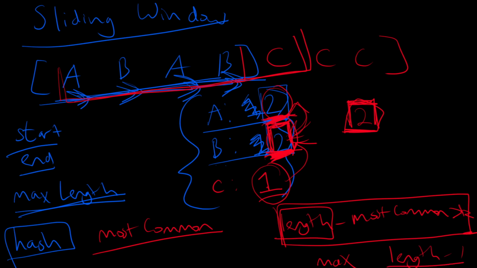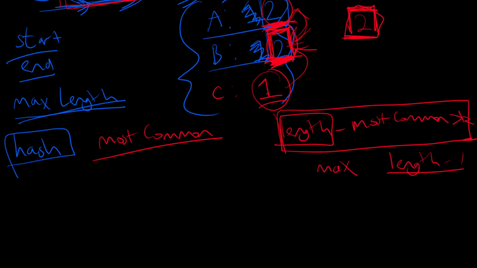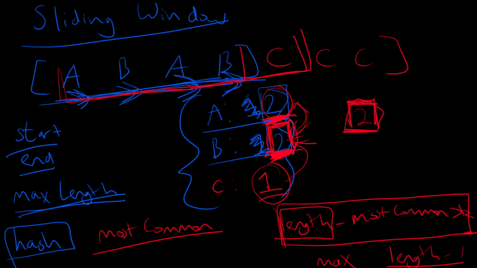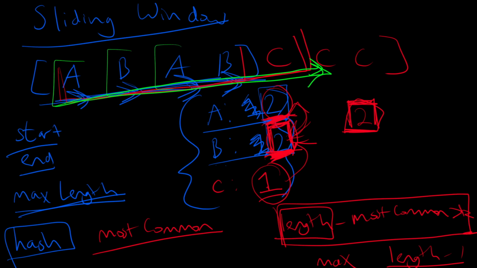If that doesn't make sense, we'll take a look at the code and hopefully it'll come together there. But for now, let's look at the complexity of the solution. Time complexity is going to be linear. That's a strength of sliding window: it's always linear time because you're only iterating through it once, going to the very end of the array one time, and then maybe doing another iteration of length O of n.